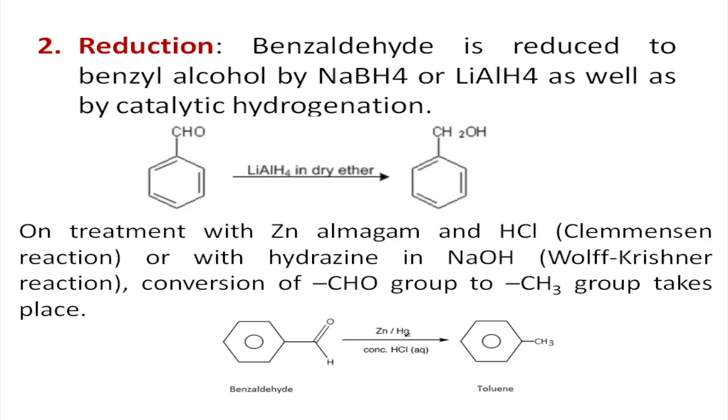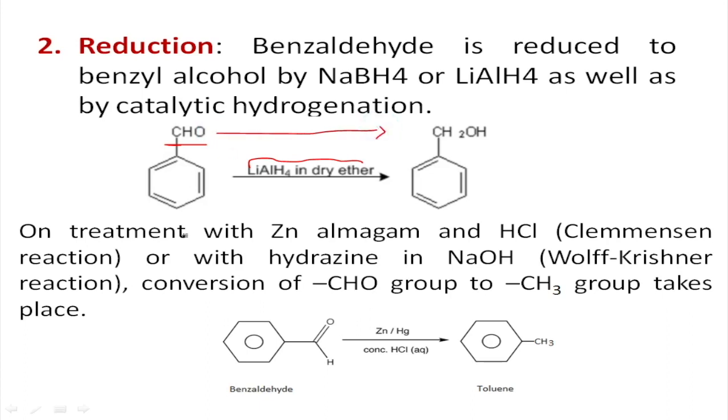Number 2, reduction. Benzaldehyde is reduced to benzyl alcohol by sodium borohydride or lithium aluminum hydride, or by catalytic hydrogenation. So we reduce the aldehyde CHO group in the presence of a catalyst, or lithium aluminum hydride in dry ether, followed by water, and you get the alcohol CH2OH.